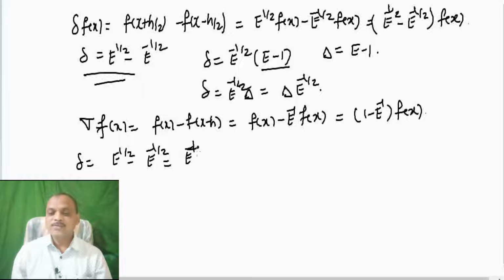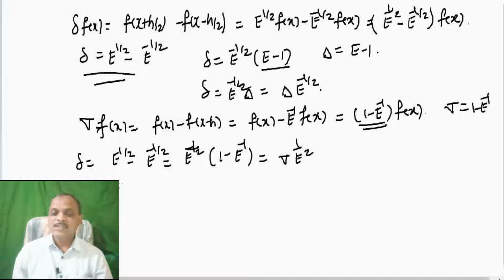If we take e raised to 1 by 2 as a common factor, we get 1 minus e raised to minus 1, and nabla equal to 1 minus e raised to minus 1. So we get nabla into e raised to 1 by 2. Hence we have this relation between these three operators: del equal to delta into e raised to minus 1 by 2 and nabla into e raised to plus 1 by 2.